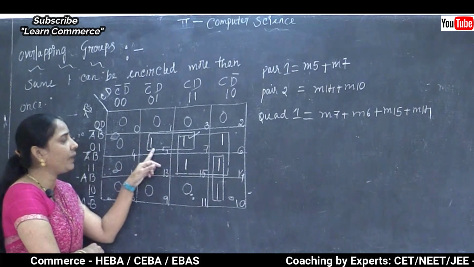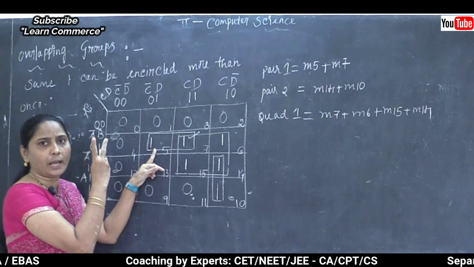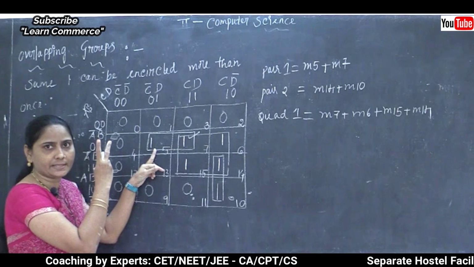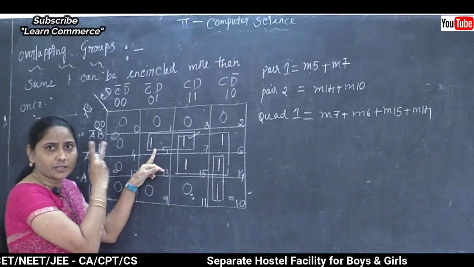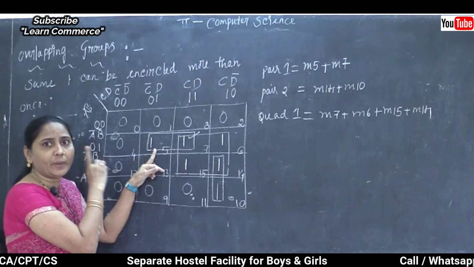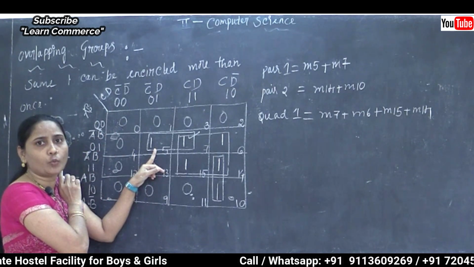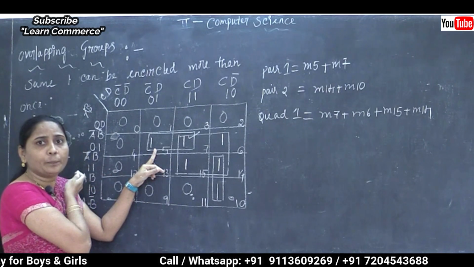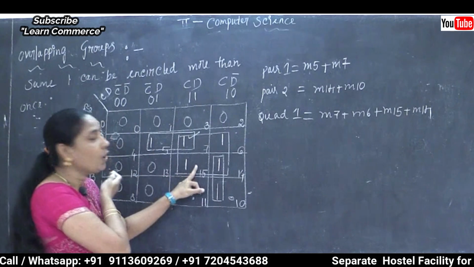Once for pair 1, that is 5 and 7. Two ones are there, so I am going to take it as a pair in this case. So M7 has been encircled twice. First for the pair 5 and 7, using 2 ones to make a pair, and the second time for the quad.